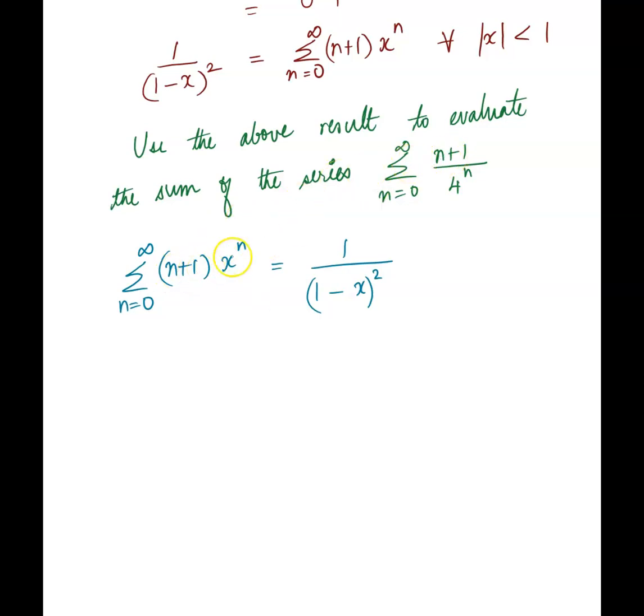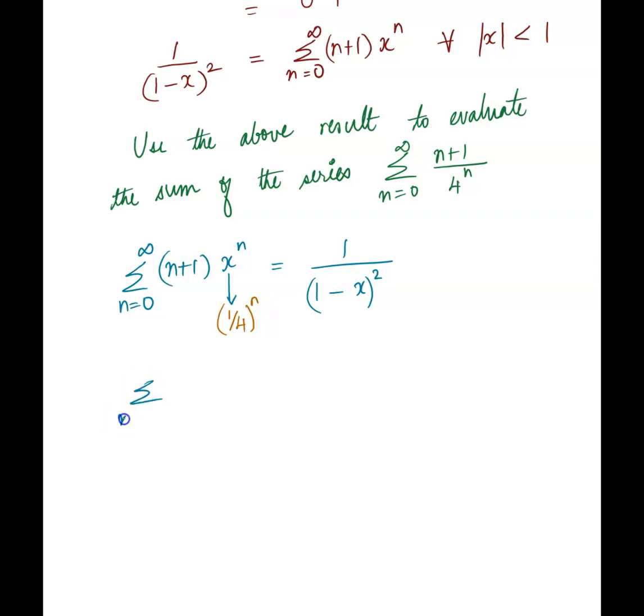In the place of x, I have the 4 power n in the denominator. So in our given problem, I see this x as 1 over 4. That's the connection I'm trying to make.